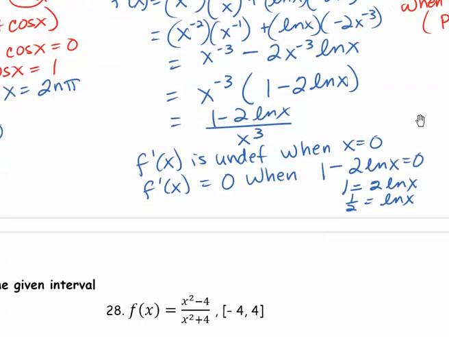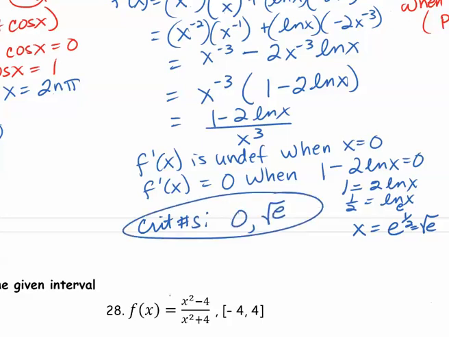And remember what that is. The base is e, so this means that x would be equal to e to the 1/2, or square root of e. So our critical numbers for this problem were 0 and the square root of e.